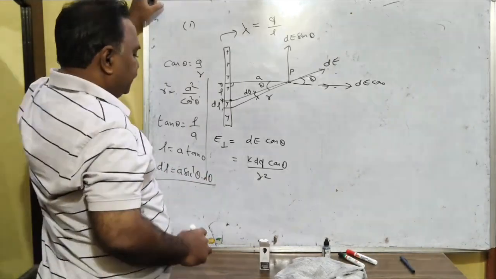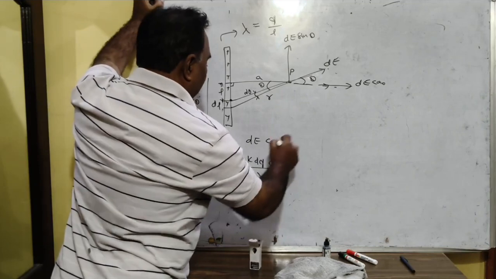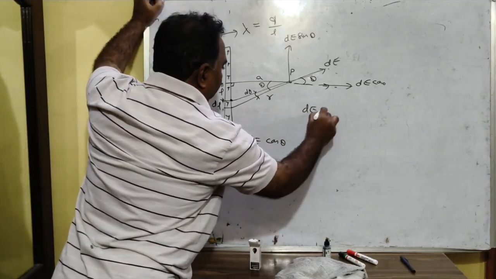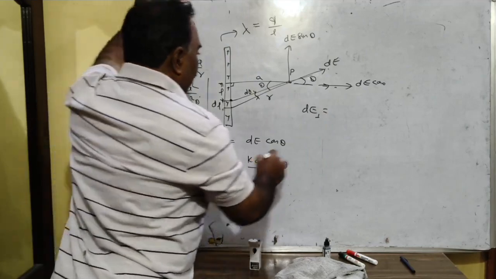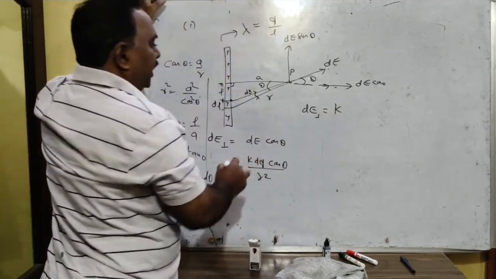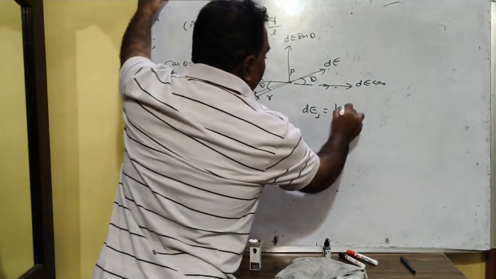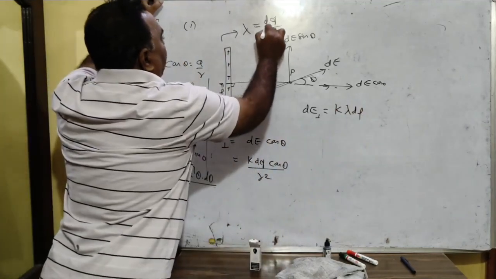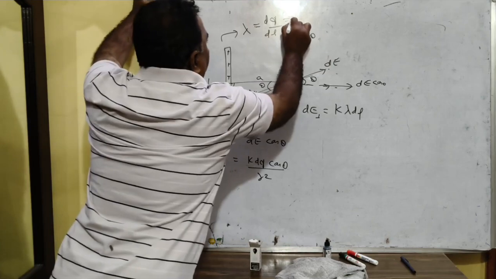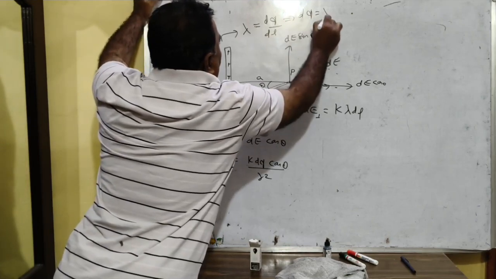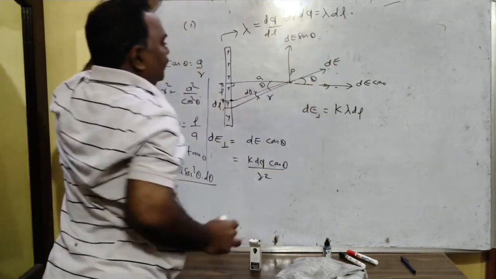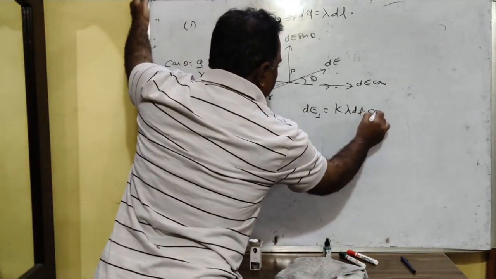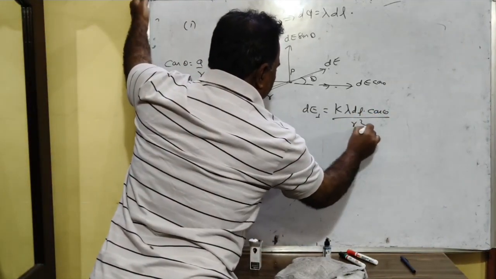This value substitute here, then we will get dE, the small electric field perpendicular to the wire, equal to K constant, dq, which can be written as lambda into dl, since lambda is dq by dl. Therefore dq is equal to lambda into dl. That substitute here, into cos theta by r square.